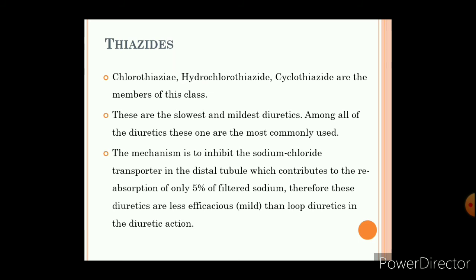The mechanism is to inhibit sodium chloride transport in the distal tubule, which contributes to the reabsorption of only 5% of filtrate sodium. Therefore, these diuretics are less efficacious than the loop diuretics in diuretic action.